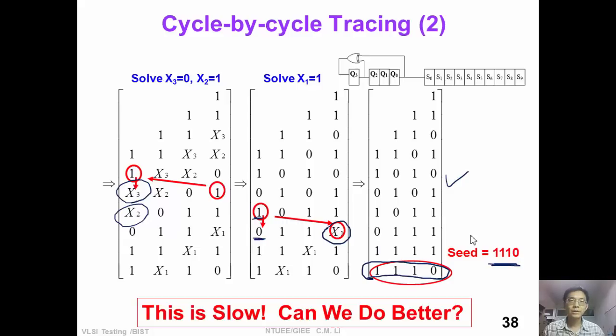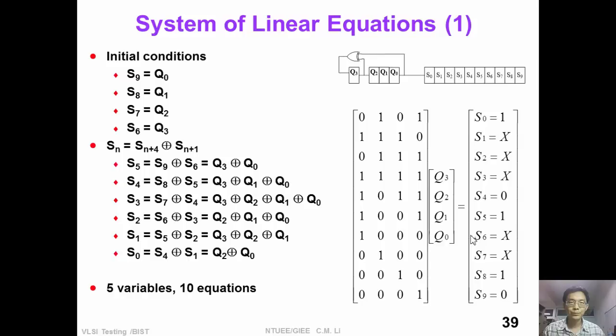Let's introduce the system of linear equations method. We can actually model this problem as a system of linear equations. In this equation system, we have 4 variables q0, q1, q2, and q3 to solve. On the right hand side, we have the column vector of specified bits.